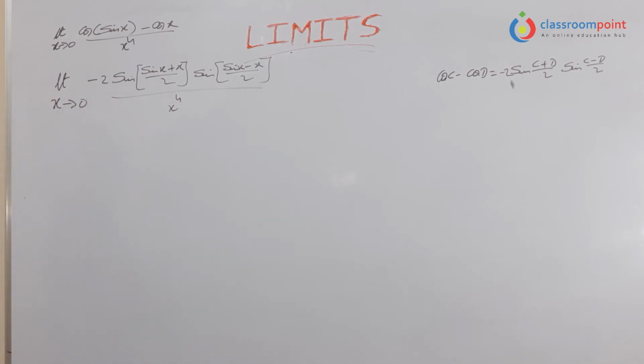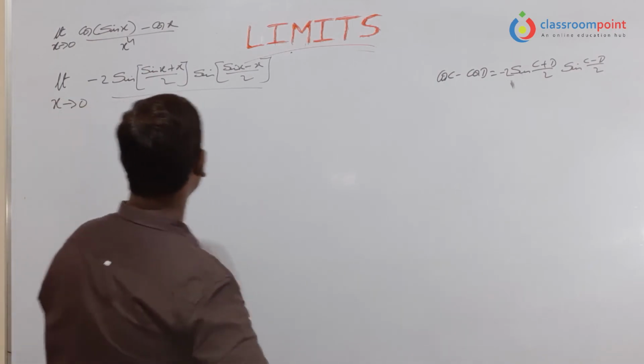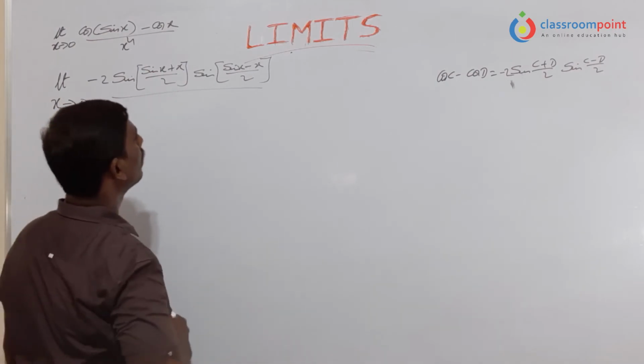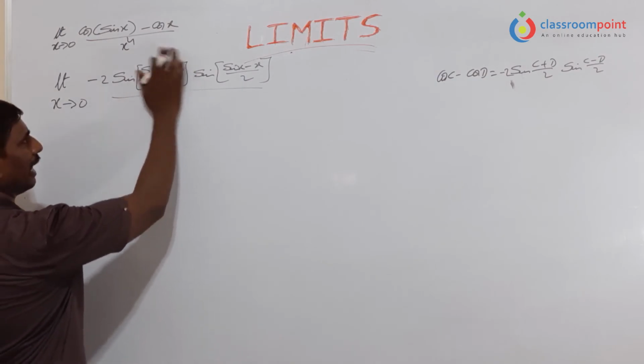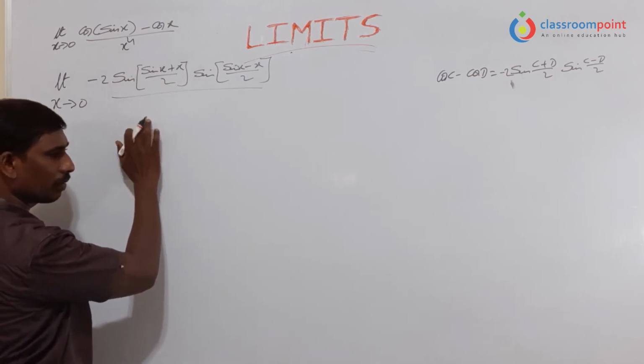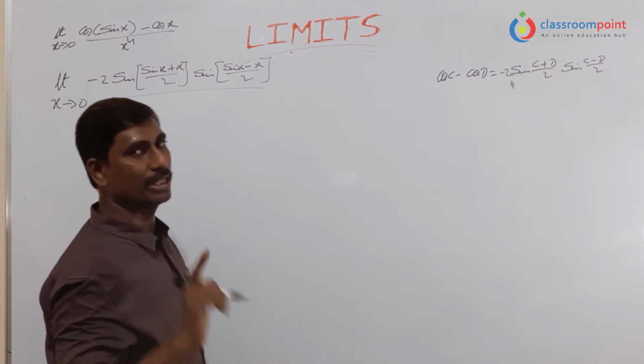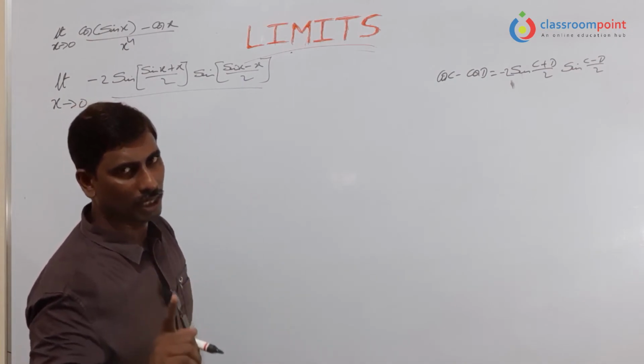I'll do one thing: sin x by x, we have, then it is 1. Limit x tends to 0, sin x by x is 1 always.